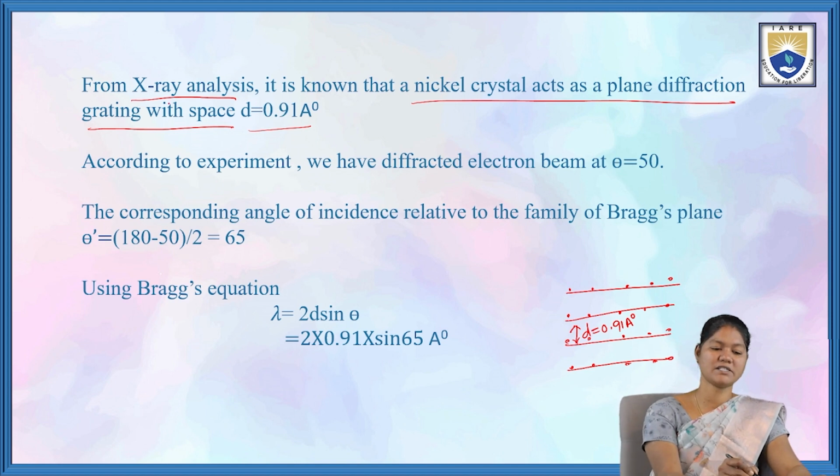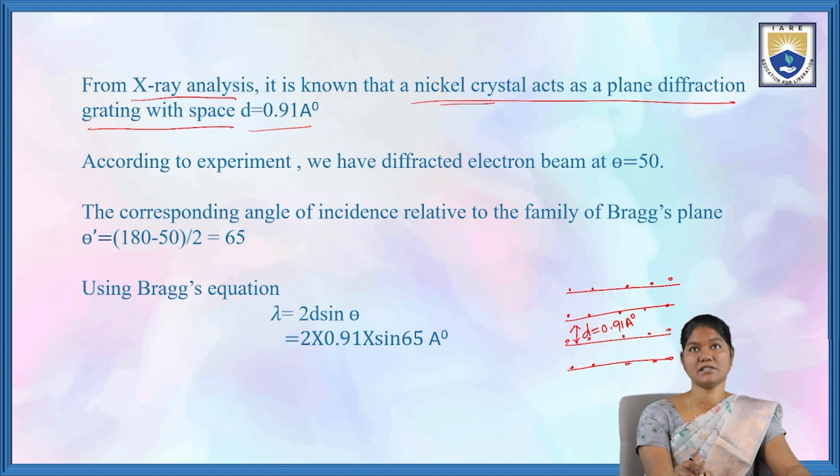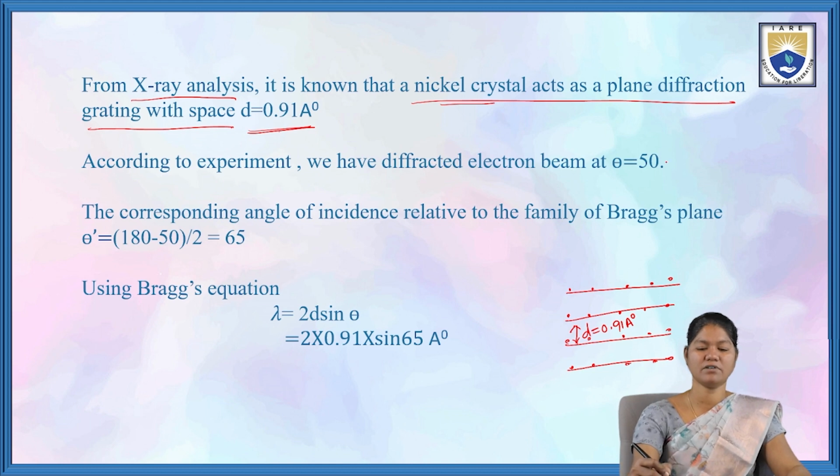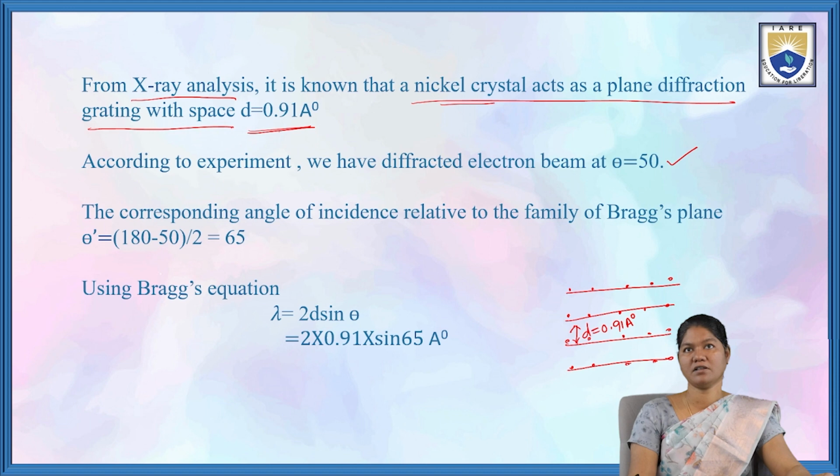So from X-ray analysis, we know that the nickel crystal acts as a plane diffraction grating, with interplanar spacing d equal to 0.91 angstroms. According to the experiment, we have a diffracted beam at angle theta equal to 50 degrees.